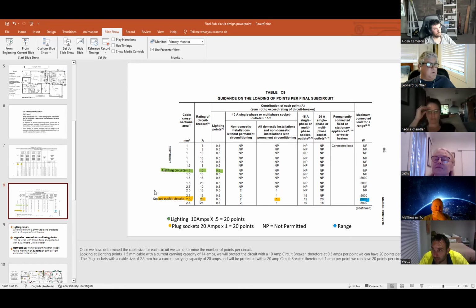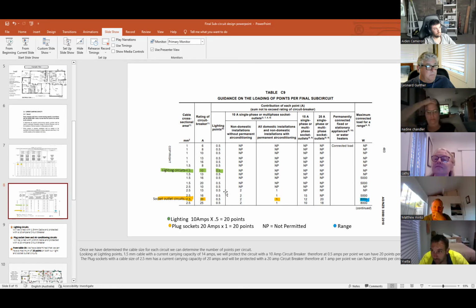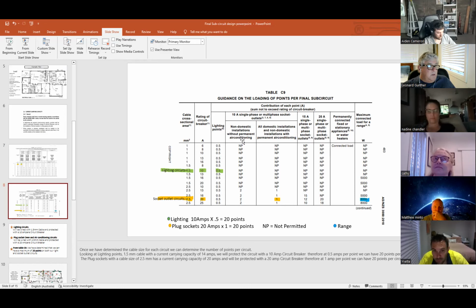When you look across here at single-phase multi for socket outlets, you see it's got NP there. So you're not allowed to use less than 2.5 for a power circuit, as I said previously.